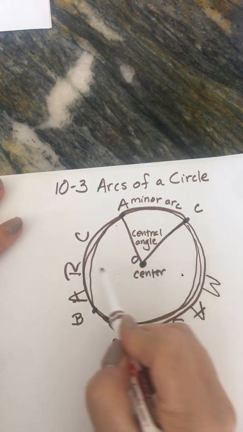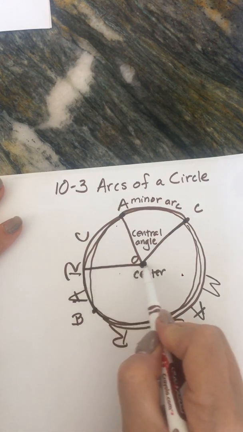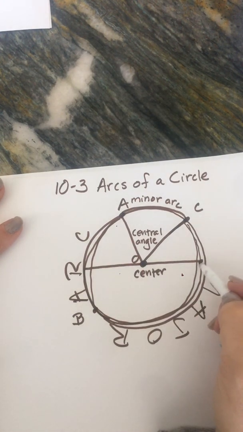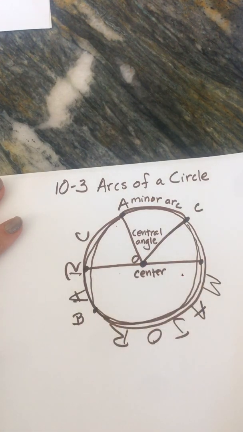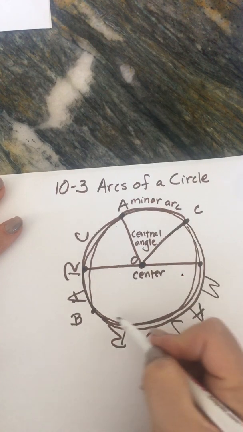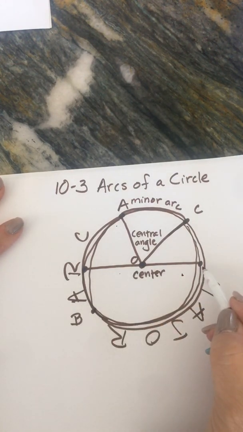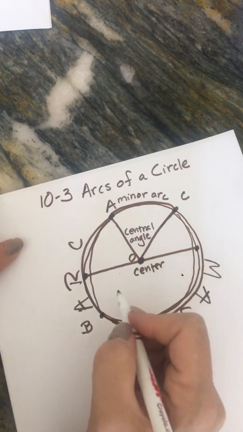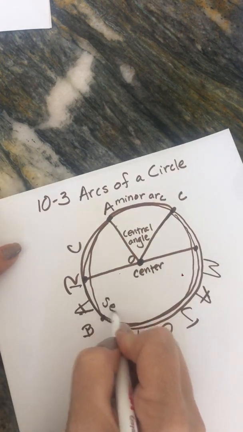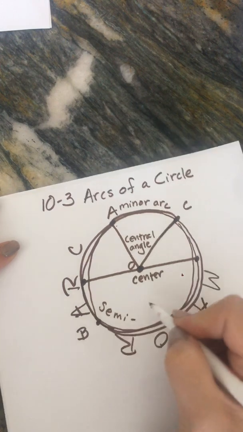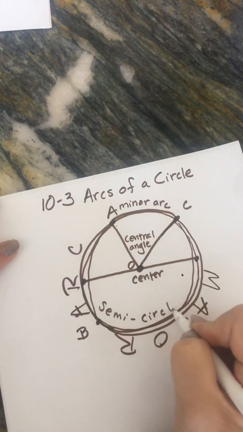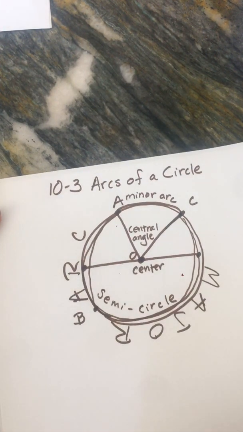All right, I'm going to draw a diameter across. So here we go. Drawing in a diameter. So this arc that shows up because of the diameter is called a semicircle. You probably already knew that. Semicircle. Half the circle.